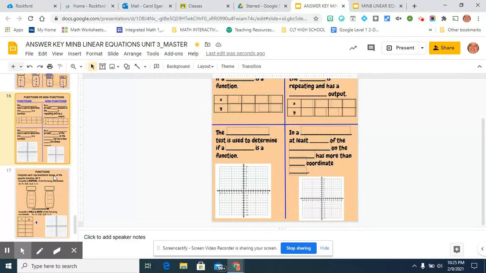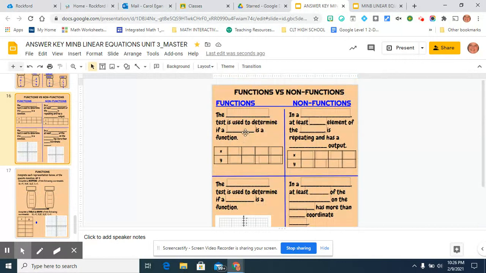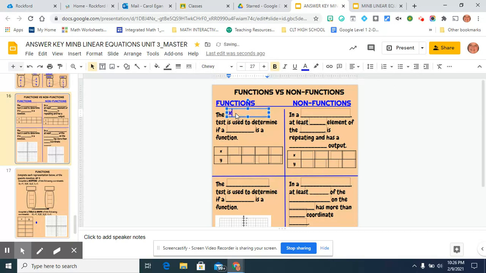Moving on, when we look at tables, what's known as the X no repeats or no repeat test is used to determine if a table is a function.